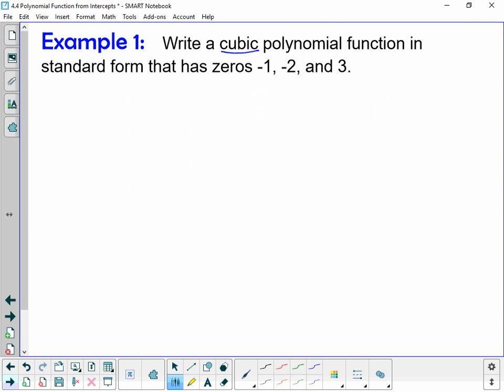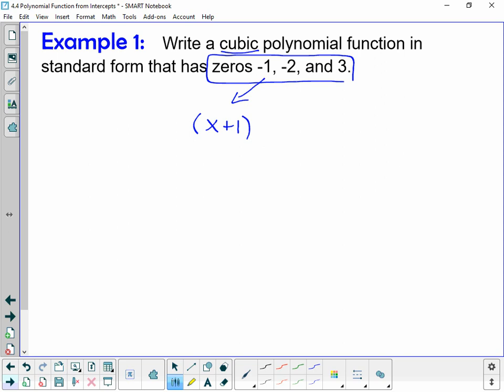We know the zeros of the function are -1, -2, and +3. Each of those zeros will correspond to one of the factors of the polynomial. The zero at -1 corresponds to the factor x plus 1.